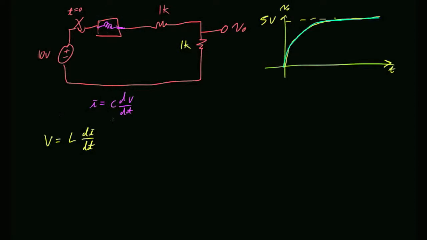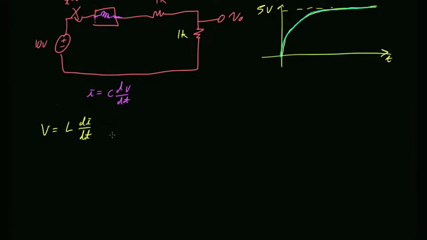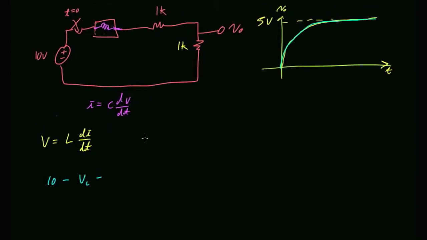The only question now is, what's the value of the inductor? Well, probably the easiest way is to write the equation for this circuit. That equation would be 10 volts minus the inductor voltage minus I times the 1K resistor minus I times the 1K resistor equals 0. That's your voltage equation going around the circuit.